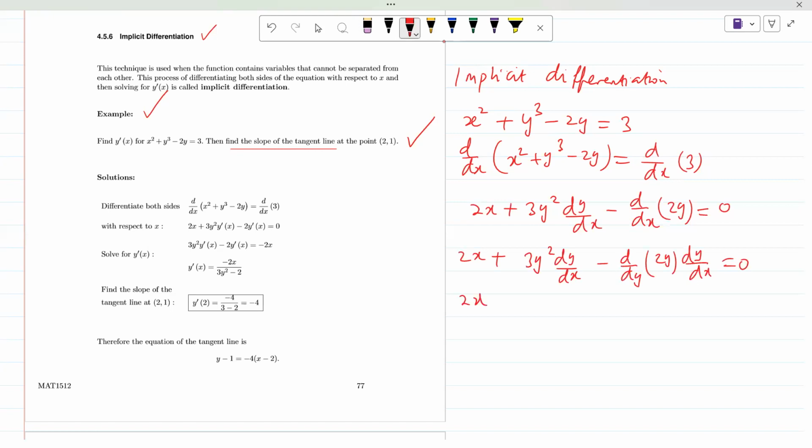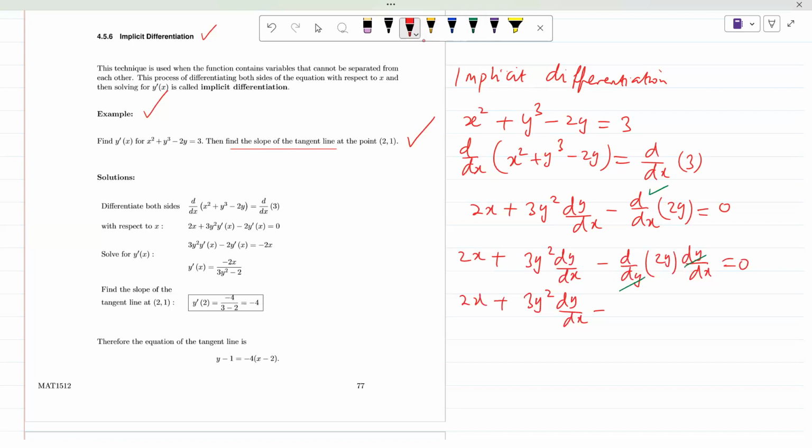So this is 2x plus 3y squared dy/dx minus 2 dy/dx. I've just shown with a y term that we can do the differentiation in a way that we put the dy, and it's the same thing as the d/dx. Through the cancellation law, it is actually the same as the d/dx in the previous equation.